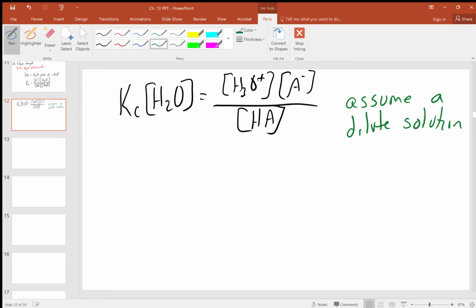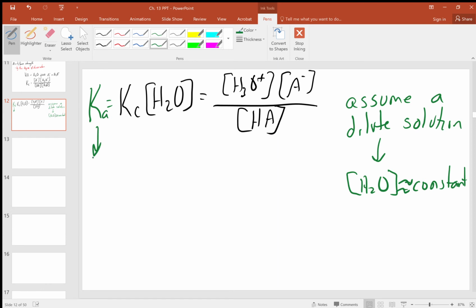Well, if we do that, then the concentration of water is constant, or roughly constant, close enough that we don't need to worry about it. And so we define this new expression, our equilibrium constant times the concentration of water, or H3O plus times A minus over HA. We define this as Ka, or the acid ionization constant.